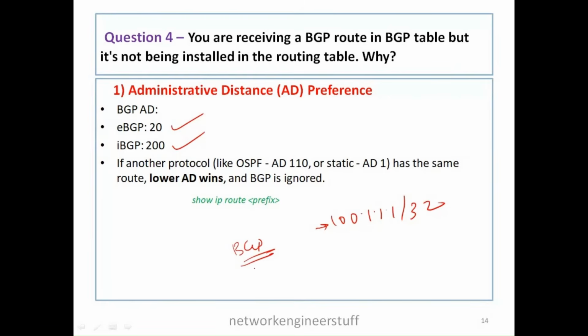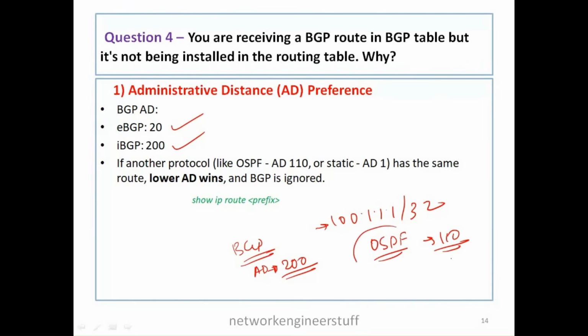So the AD value for this route in BGP will be 200. And the same route is being learned via OSPF, for which the AD value is 110.